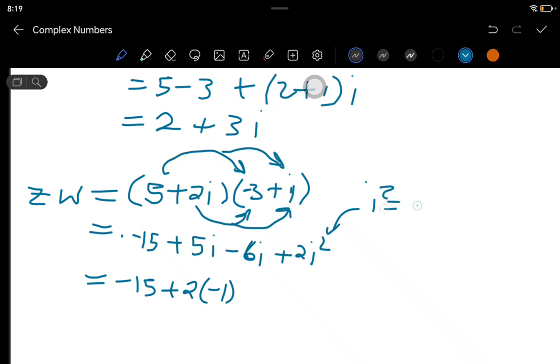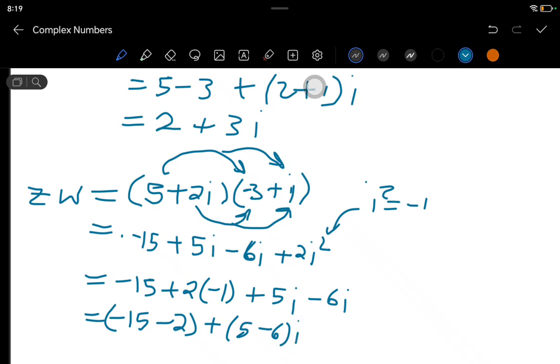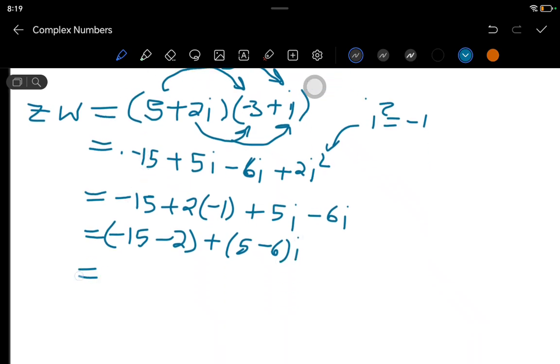And then I'm going to get minus 15 minus 2. Then I gather the real part and the imaginary part together. Then this is going to be minus 17 minus i, because that is minus 1i, right? This is what we would get for the multiplication.